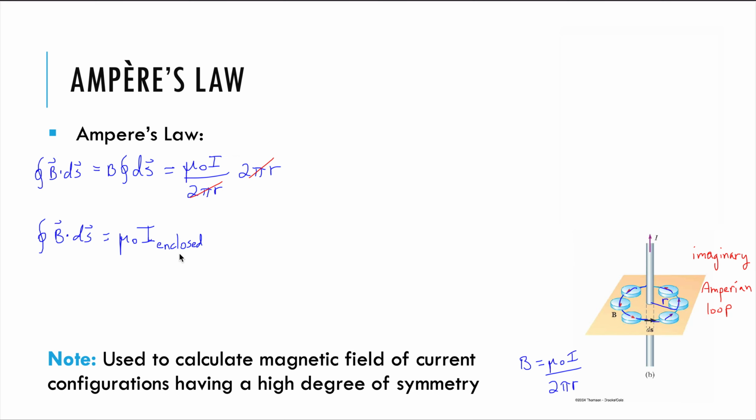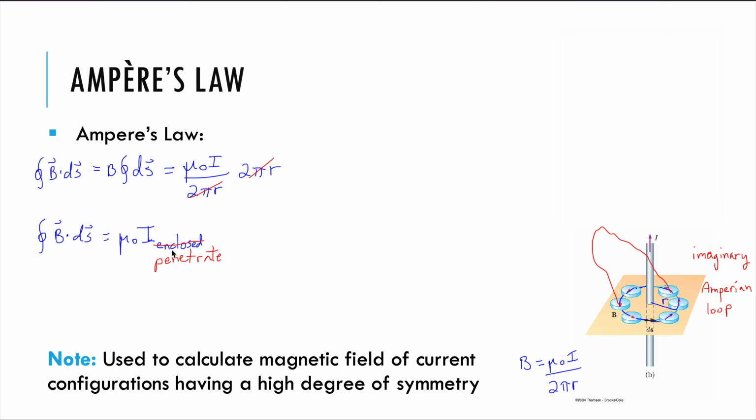So the way that I like to think of I enclosed is I like to draw an open surface. You choose a different color here. Think of it as a net. It's an open surface where the opening is the perimeter of that loop. And you want to think of I enclosed as I penetrating.